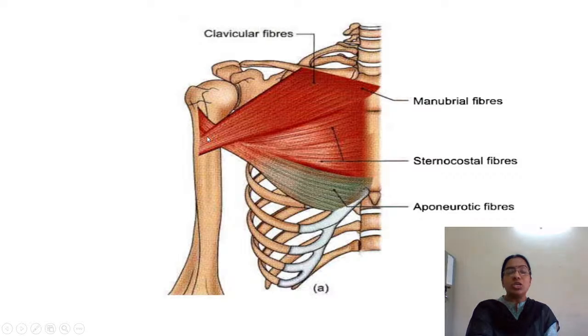So that narrow insertion, where the posterior lamina is at the highest and the anterior fibers at the lower part, inserts into the lateral lip of the intertubercular sulcus. The groove consists of a medial lip and a lateral lip, and to the lateral lip the pectoralis major inserts.